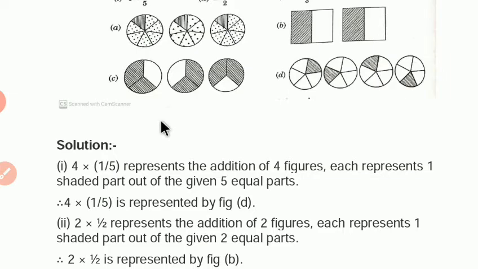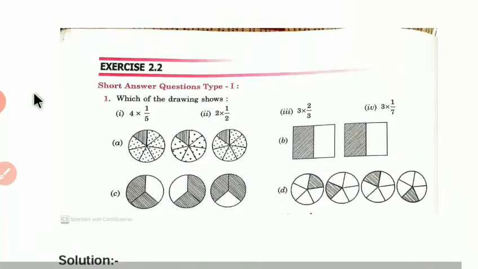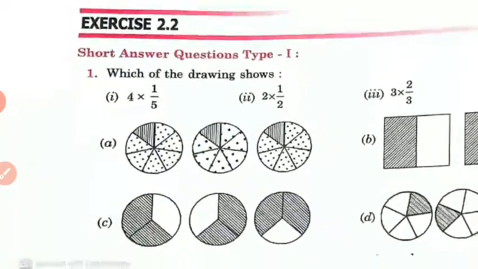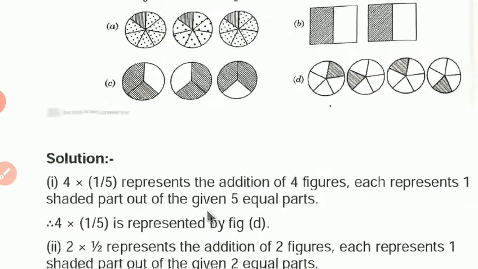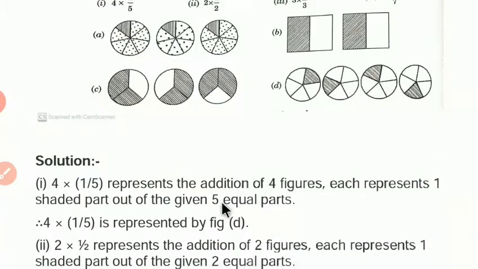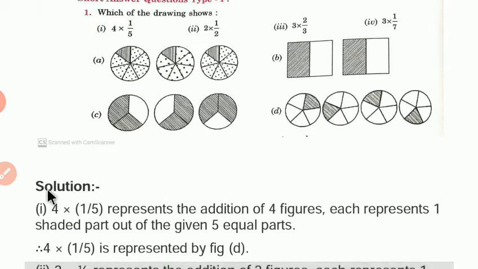First question is 4 into 1/5. So we can see that 4 into 1/5 represents the addition of 4 figures. Here 4 means how many figures are there? 4 figures, and each represents one shaded part out of the 5 equal parts. Here the fraction means out of 5 parts, 1 part is shaded, and how many figures are there?